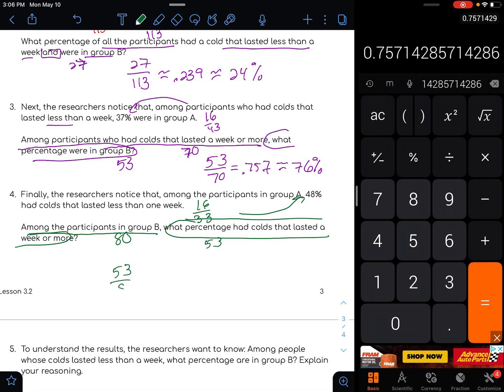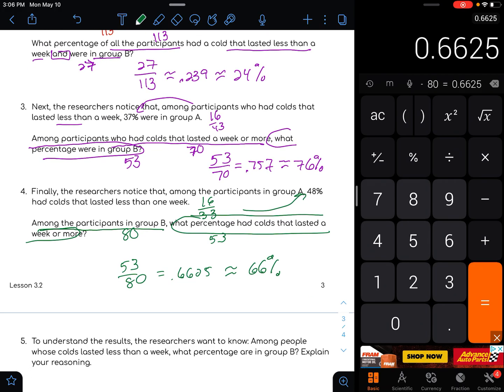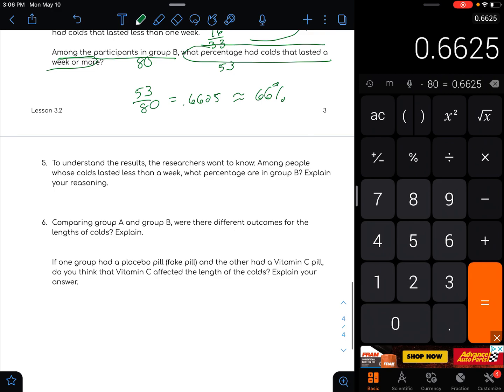So 53 out of the 80. 53 divided by 80 is 0.6625 exactly, but is approximately 66%. So again, among the group B participants, a larger proportion of people had a longer cold.